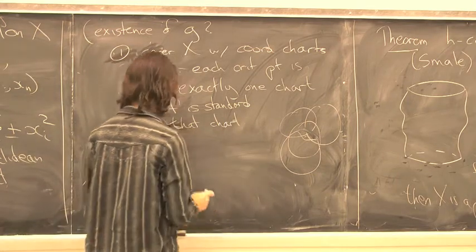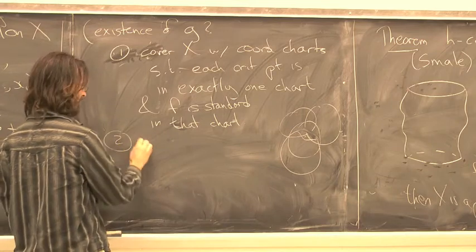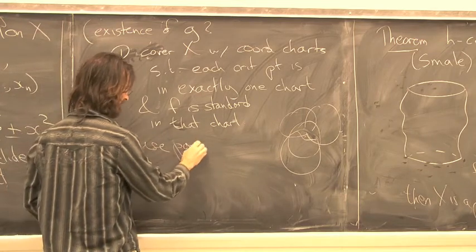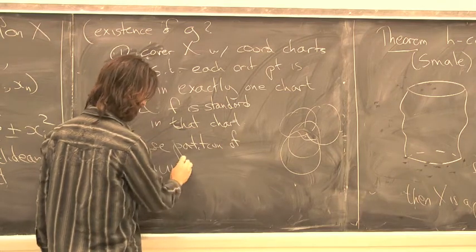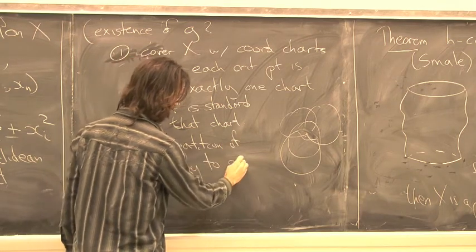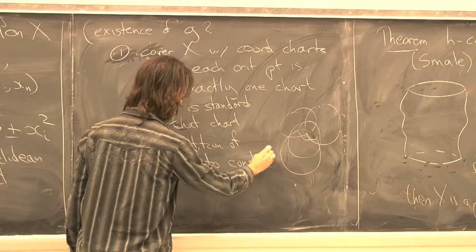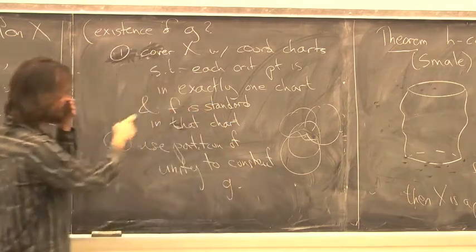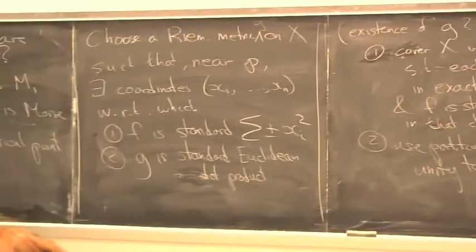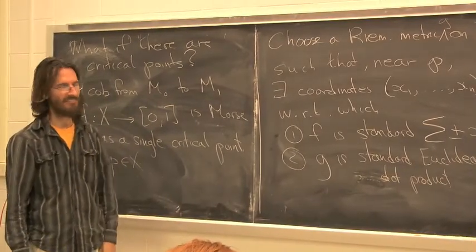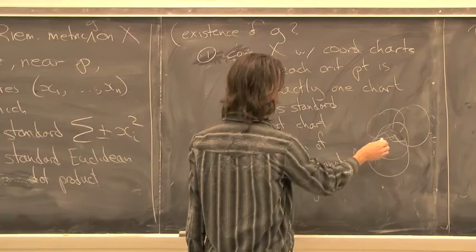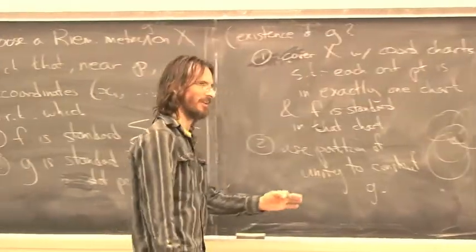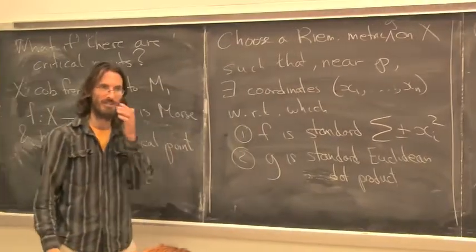Once you've done that, you use a partition of unity for this cover by coordinate charts to construct g. Since P is in only one of these charts, and a small neighborhood of P will be in only one of those, you force it to be flat.